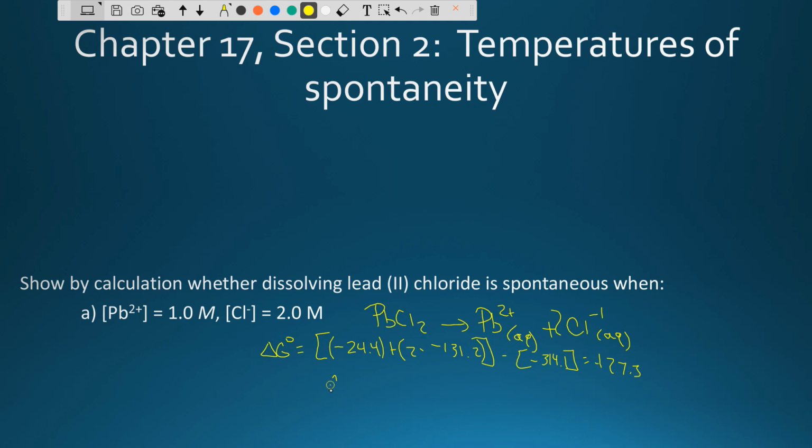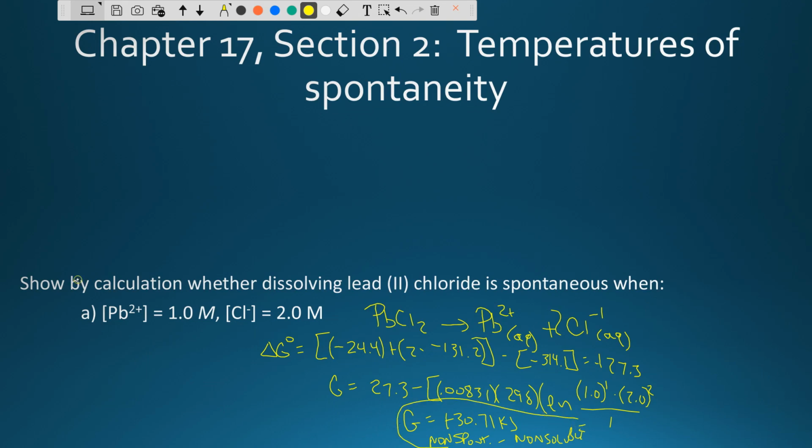So if I plug the values in, my G is going to be that 27.3 minus my constant times my temperature, 298, times the natural log of my 1 to the first power times my 2 to the second power, and that's going to be over 1. Okay, the reason it's over 1 is because that's a solid. And so my G value ends up being a plus 30.71 kilojoules. That means it is non-spontaneous because it's positive. That also means it's non-soluble.